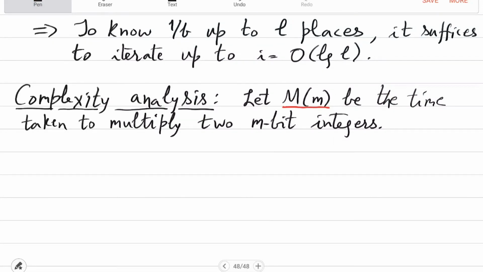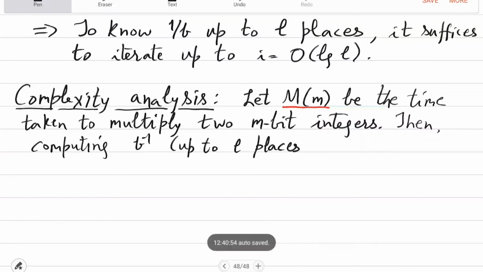Let it be just m of the number of bits complexity algorithm, and use this in Newton iteration. So then computing B inverse up to L places takes how much time?